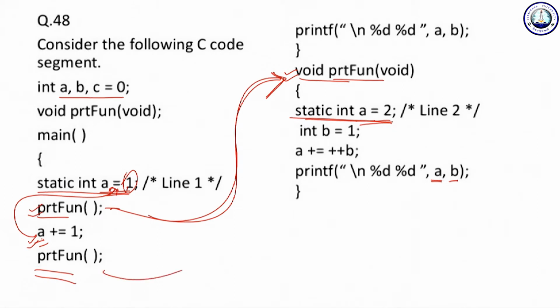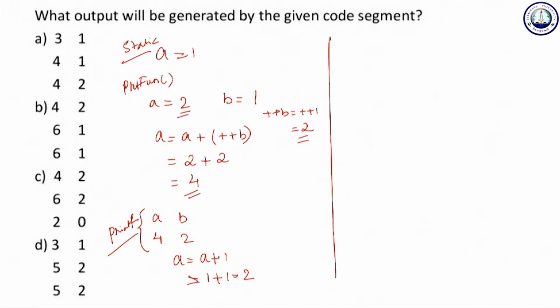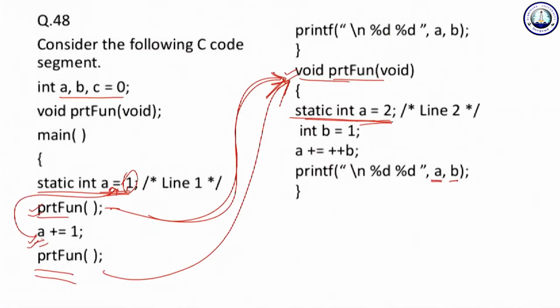So, again we will go to this function call. Now when you go to PRT fun, the value of A is equal to 4 here. Why? Because the previous value of the function is retained, it is retained because static is declared.